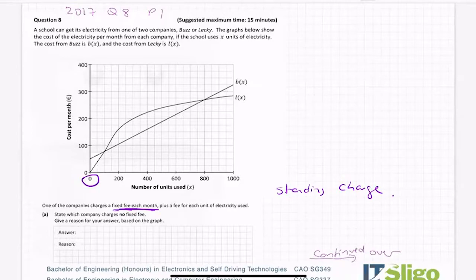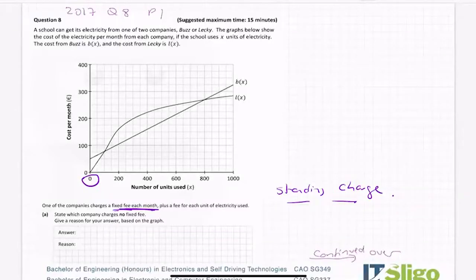Well, if I use your phone as an example, if you were on a bill pay phone and you used no data for the month, made no calls, sent no texts, you did nothing with your phone, it just sat on your locker, so you used no units. Well, with the bill phone, you have a standing charge, a set amount every month that you have to pay regardless of whether you use it or not. That's what a standing charge is.